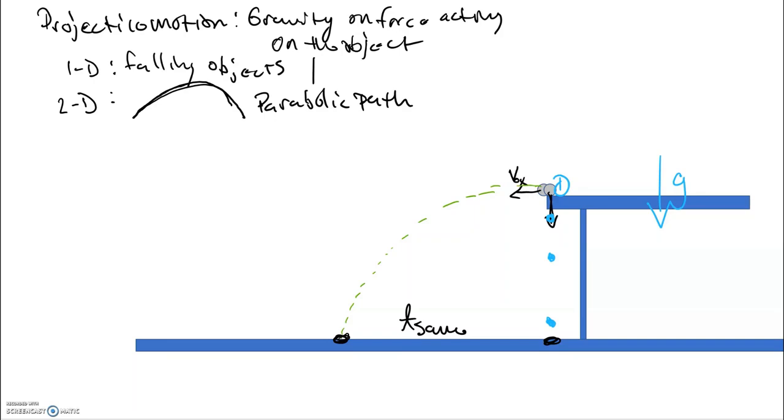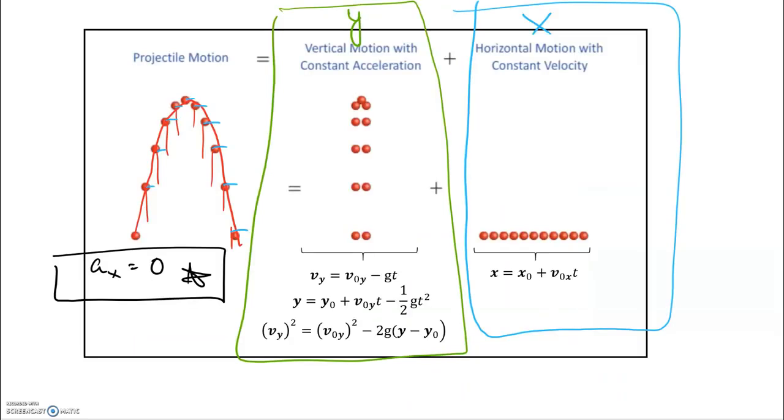The only difference is that this second one has a component in the X direction. So since they have the same component in the Y direction, they fall at the same time. The only difference is one travels further because it has a component in the X direction. So its range is different, how far it travels in the X direction.